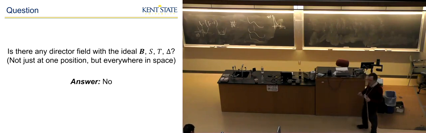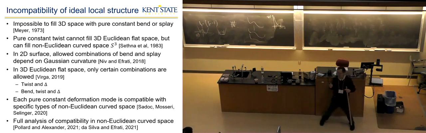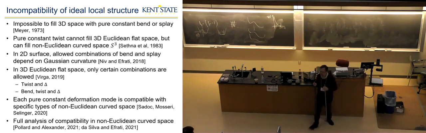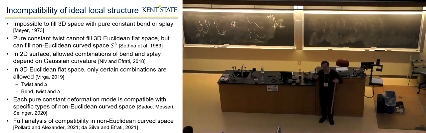Many years of theoretical research have gone into that word no, which I don't want to really talk about here. But let me just highlight one of the things on this list, which is the work of Epifanio Virga in the middle. What he demonstrated was that in 3D Euclidean flat space, that is the space in which we live, you can't have a pure, constant, non-zero amount of any one of these modes.